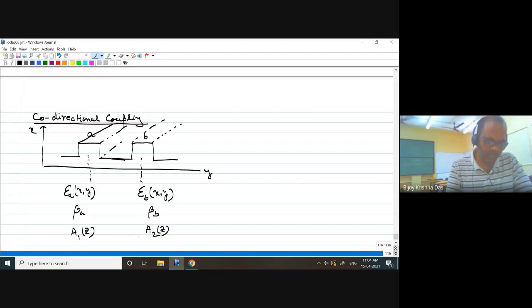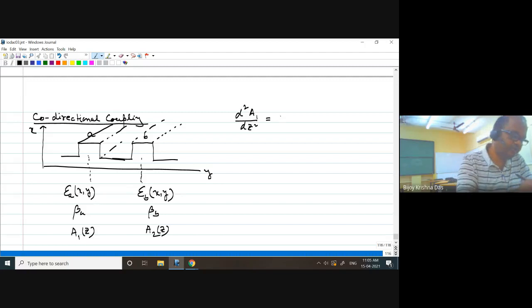Waveguide A stands for 1 and waveguide B stands for 2. So that is the situation. The main challenge is that we have to solve the coupled equations, and since it is a co-propagating waveguide, you have to consider a simple thing.